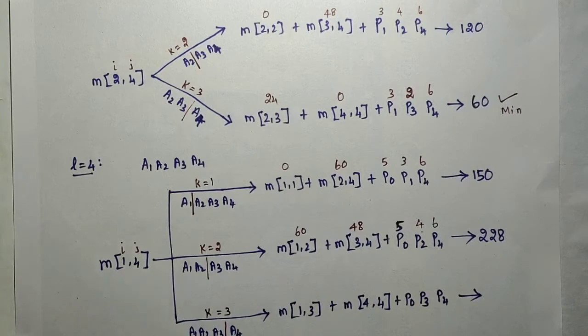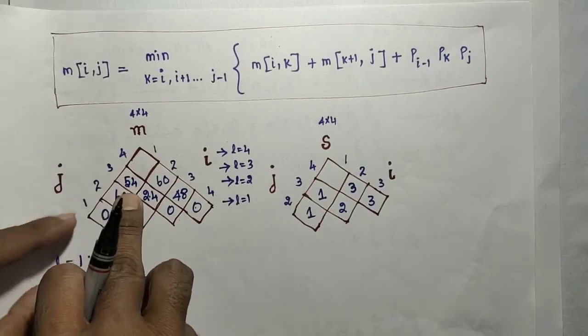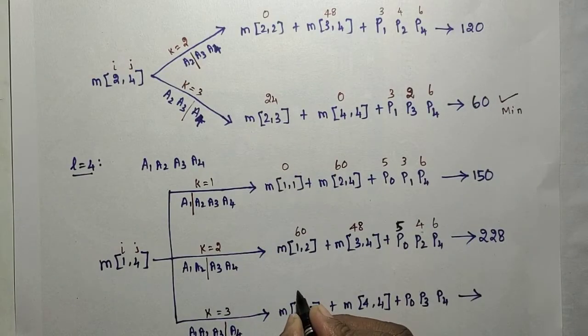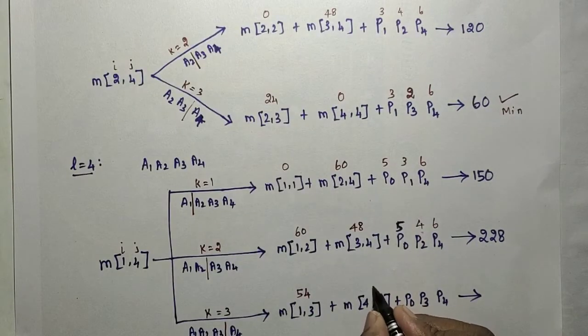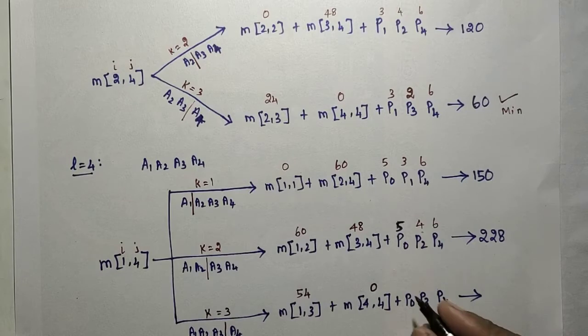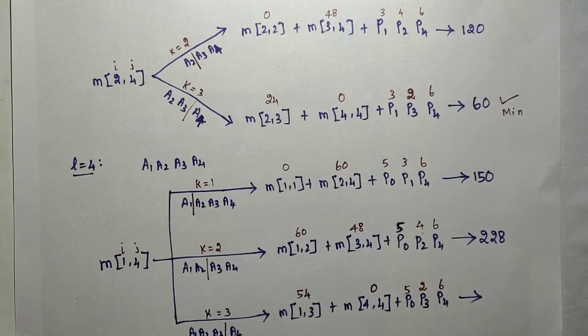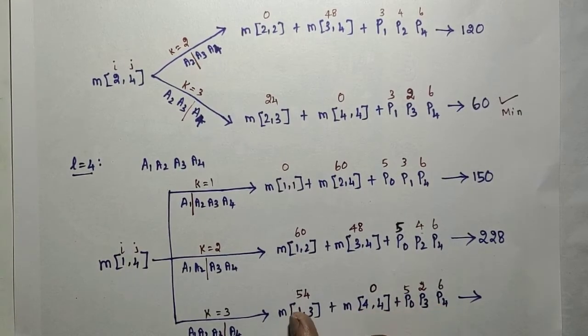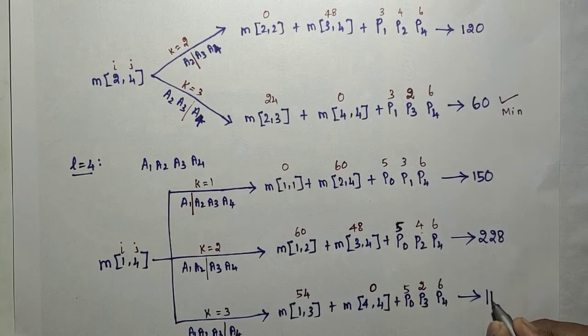Now what will be the result? 1 comma 3 will be taken from the table, m1 3, that is 54, and m4 comma 4 will be 0. Then p0, p3 and p4, so this is 5 and this is 6, and p3 will be 2. So the answer here is 60 plus 54, that is 114.